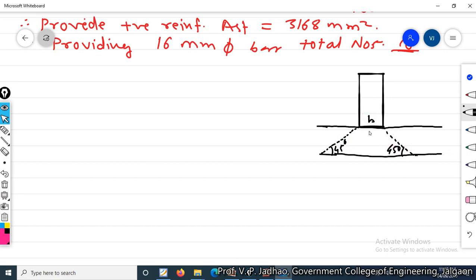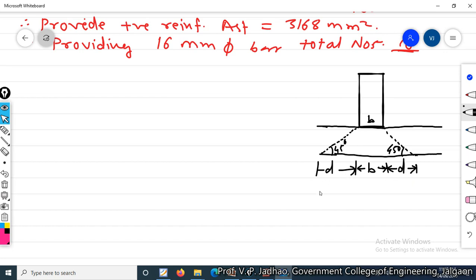This is the width of the column, and as this is 45 degree, therefore this will be D, this will be D, this distance will be B, and this distance will again be D, that is the effective depth of the footing.